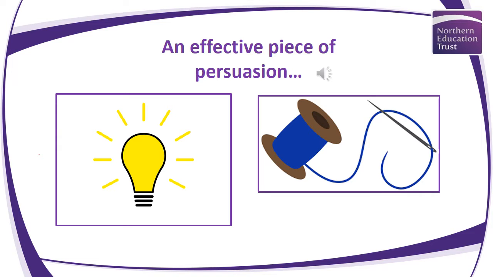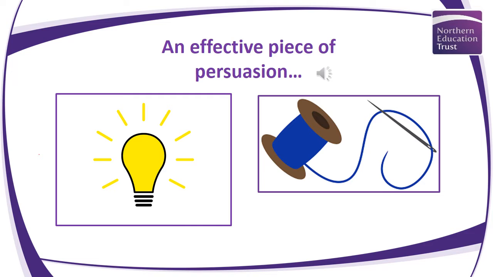And this is the part of persuasion that I feel pupils struggle with the most. It's not actually the writing skills or implementing DAFOREST, it's actually being able to craft and create a piece of writing that's full of ideas, and ideas that are relevant to the world that we are living in.